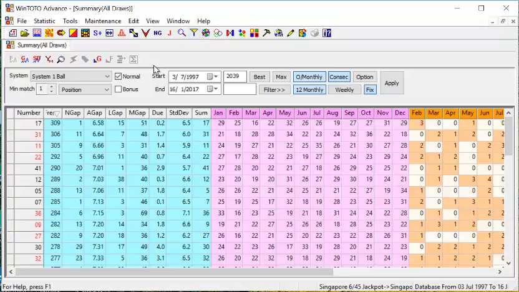Now, if you take a close look, our data starts from 1997 all the way to 2017. During this period of time, the total number of draws is 2039 draws, and you can see for yourself very clearly that the best and the most frequent number that appears currently, as of today in Singapore data, from 1997 till now, is number 17. It appears a total of 309 times over a period of 2039 draws.